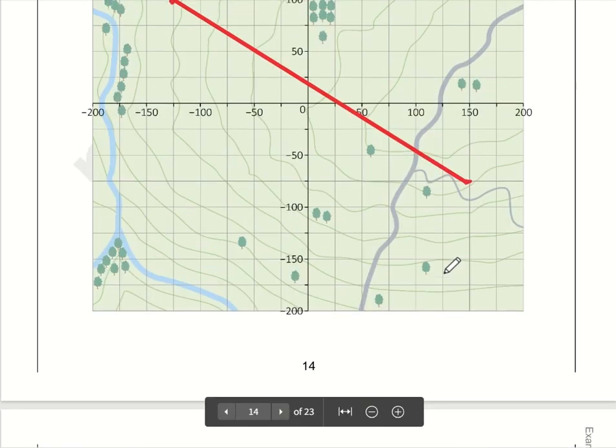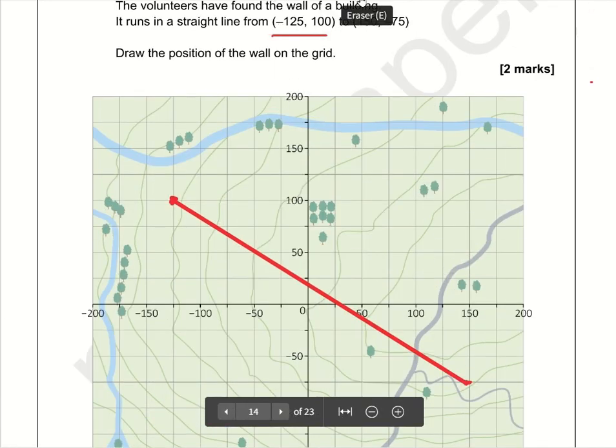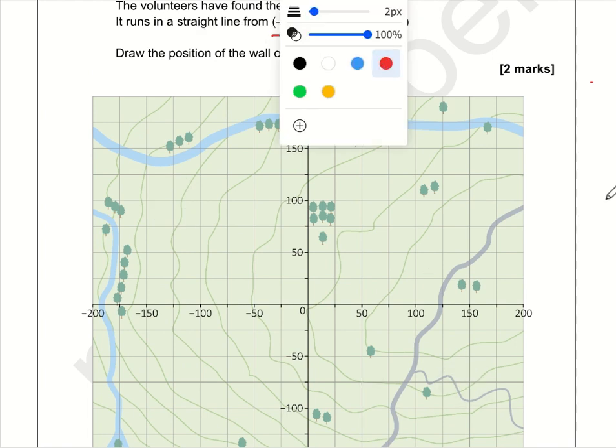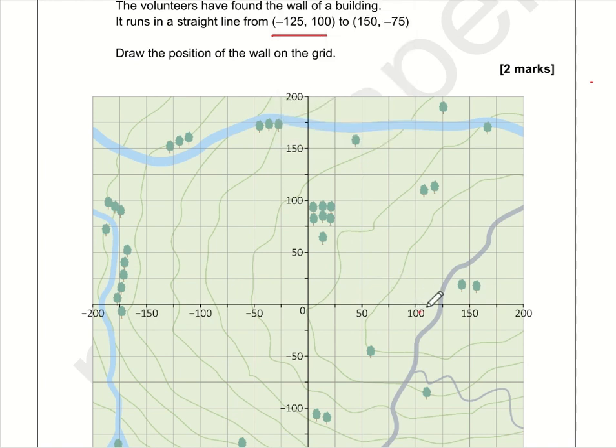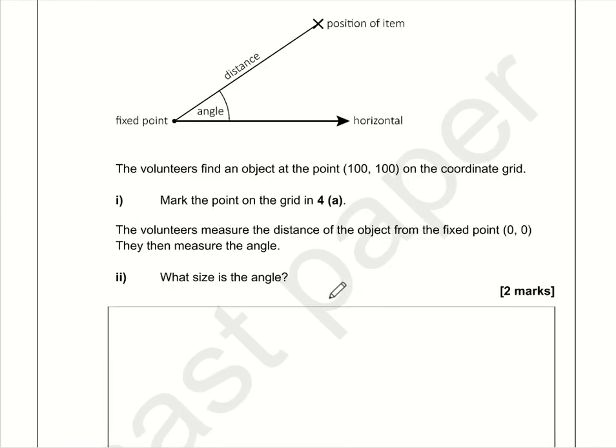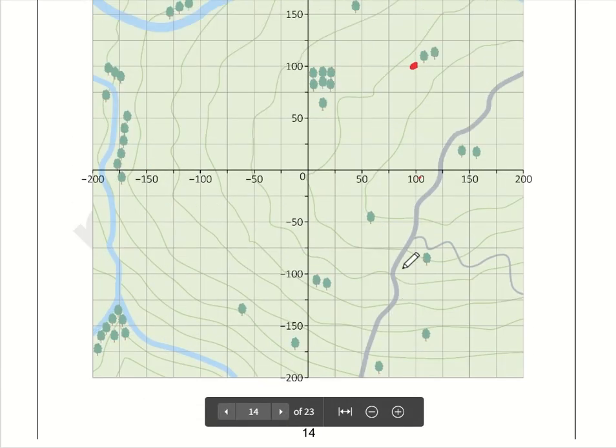Let me just delete everything else before I put on the 100, 100. So we're going across to 100, which is here, and then up to 100, which is this point here. So there is 100, 100, and the volunteers measure it from the fixed point 0, 0 and measure the angle.